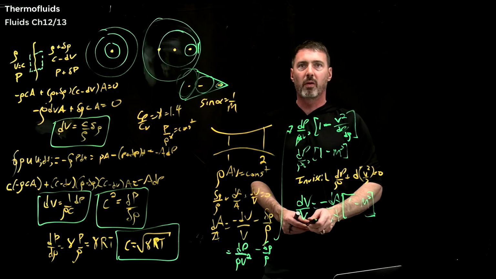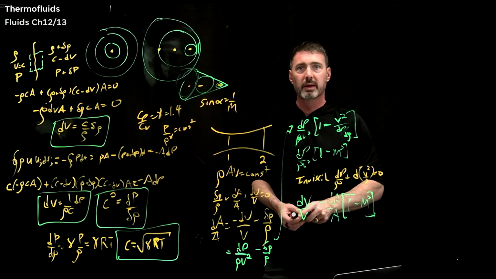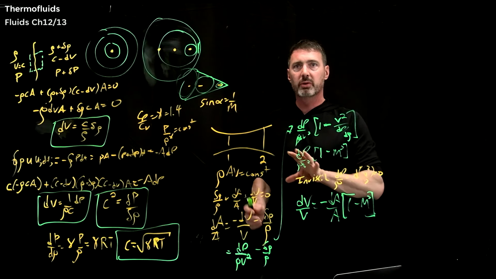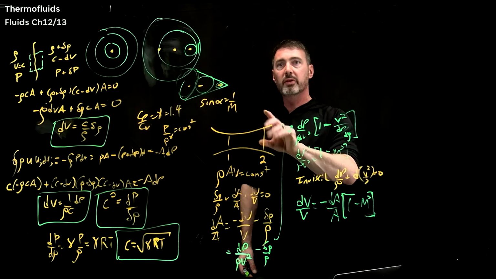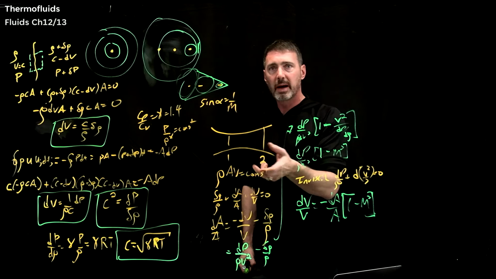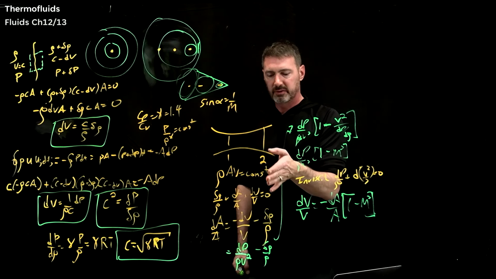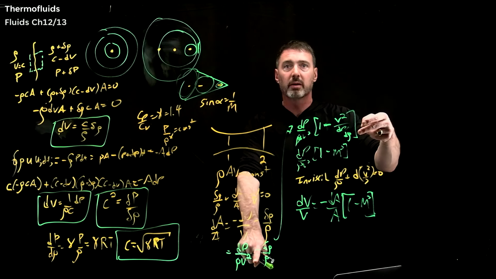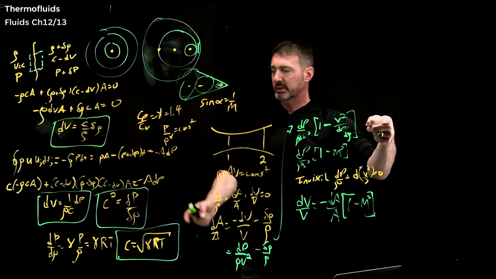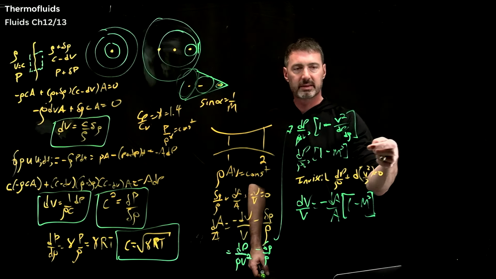You can follow along here or follow along in your book. What I'm trying to show you is at least the top level stuff. I have a system going from 1 to 2, the areas are changing, mass is conserved, conservation of mass got us to this point, and then we inserted the definition of speed of sound to get us to this point.